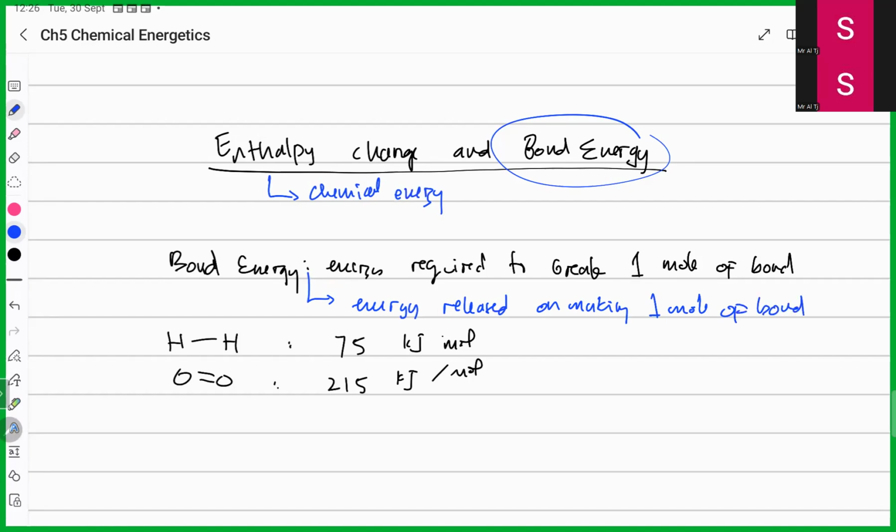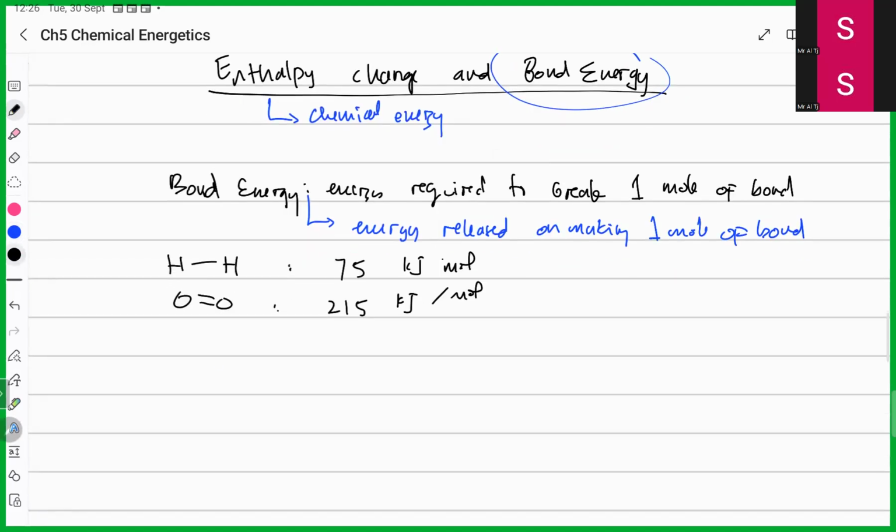If we are going to break 1 mole of hydrogen to hydrogen, making 2 independent hydrogen atoms, we are going to require 75 kilojoule per 1 mole. It follows that whenever we have 2 free individual atoms of hydrogen and we make the bonding into a hydrogen to hydrogen single covalent bond, then we are going to release the same amount.